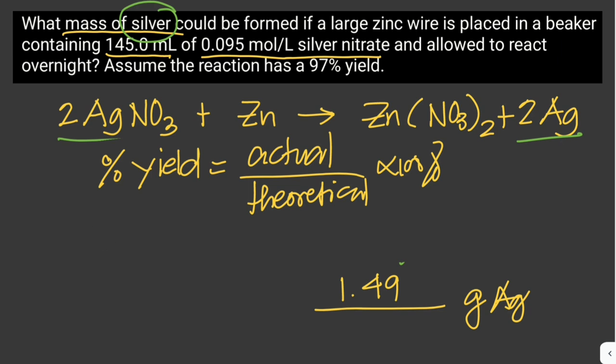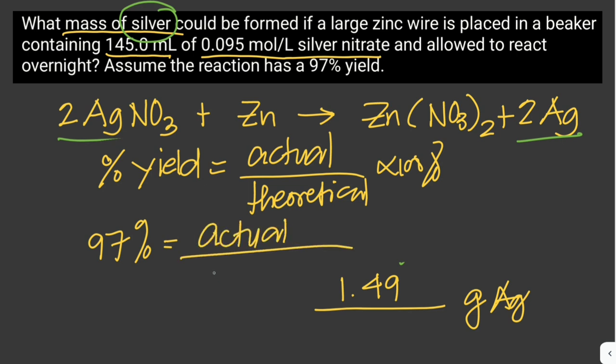We plug in all the given values and the mass of silver that we got. This is 97% equals the actual, which we don't know, divided by 1.49 grams times 100%.